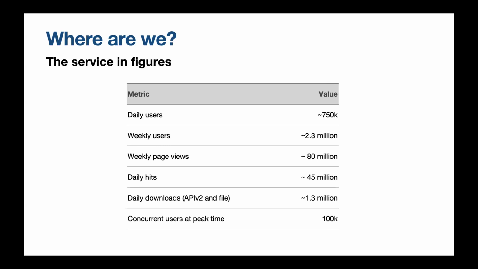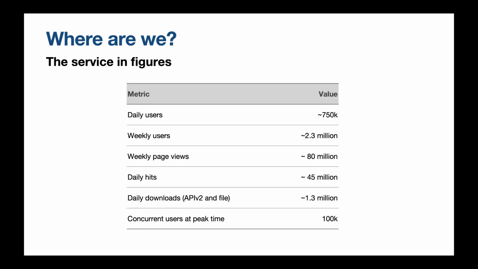We offer different services as a part of this national service that includes the API, different types of downloads, as well as the website. Version 2 of our API is solely dedicated to downloading data in batch.